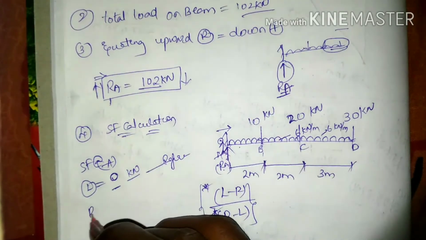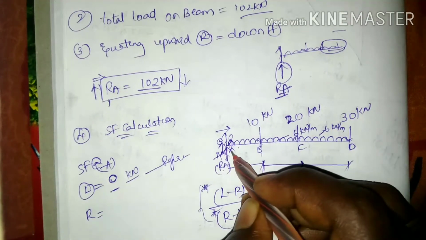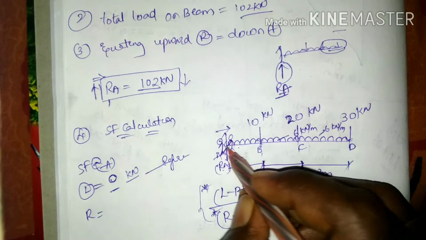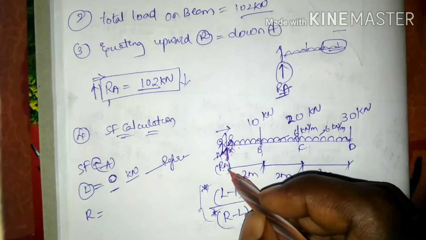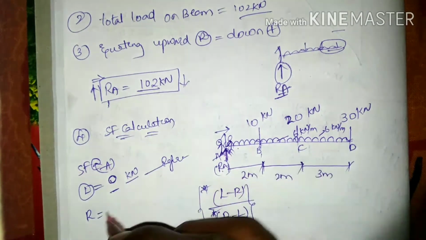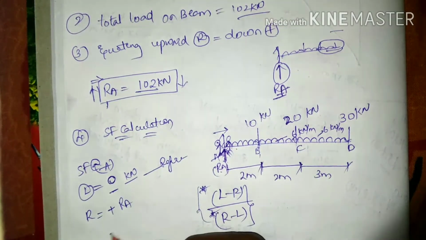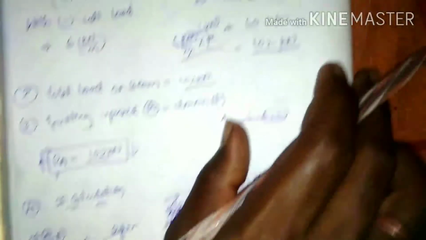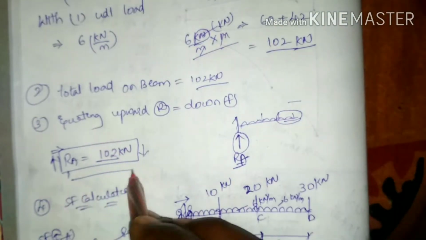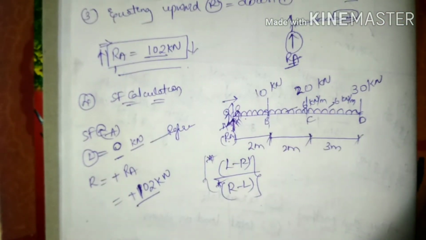Next, just right of A, I am not considering the UDL, I find a reaction in the upward direction, so it is taken as positive. The value of RA is positive 102 kilonewtons, so it is going to be here also.